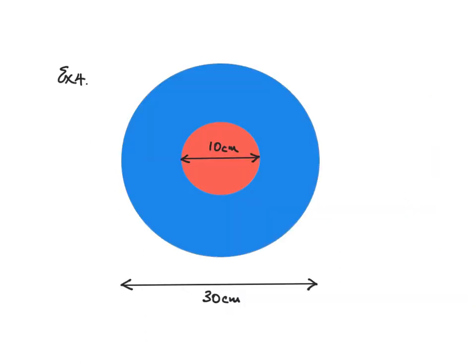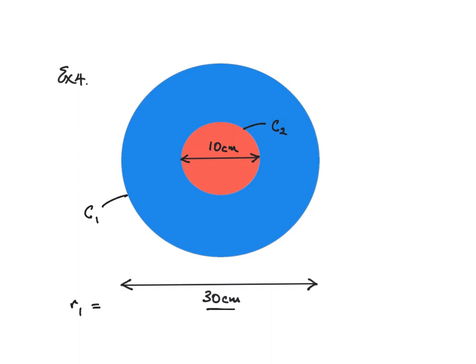Fourth and last example involving the area of a circle. What we want to do is to work out the area of the blue part of the diagram. Now, this is circle 1, the larger circle, and we can let circle 2 be the smaller circle. So the first thing I'm going to do is to work out the area of circle 1. Well, the diameter of circle 1 is 30.